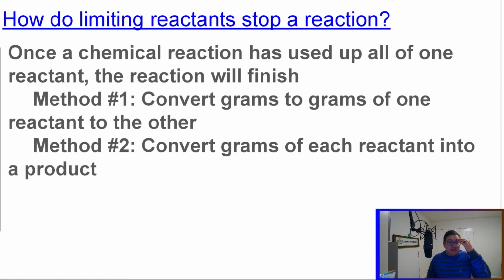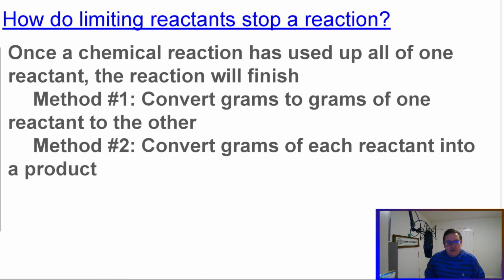How many bikes could I theoretically make? Well, 3 bikes. Even though I have 1,000,000 tires, I only have 3 bike frames, so I'm going to run out of something, or I'm going to have a limiting reactant or a limiting reagent in my chemical reaction. Something is going to get used up all the way first.